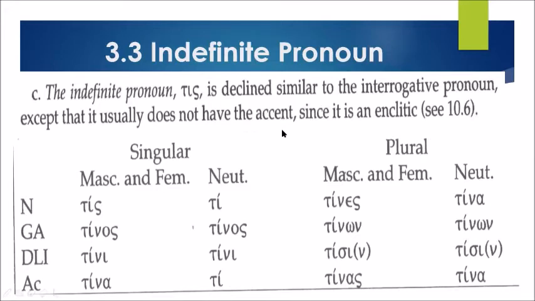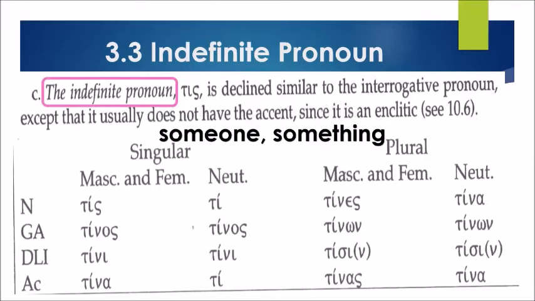Let's proceed to the indefinite pronoun tis. It is declined similar to the interrogative pronoun, except that it usually does not have the accent since it is an enclitic. So it means someone or something. So we have actually a similar look here, but let's do away with the accents. Let's read the masculine and feminine, which is the same also in form, singular, nominative.